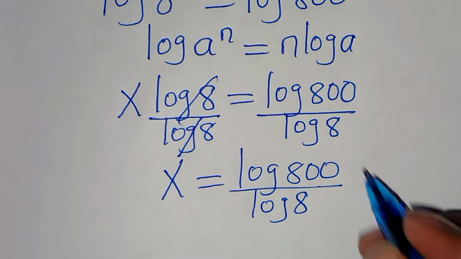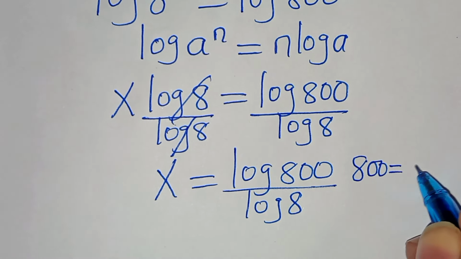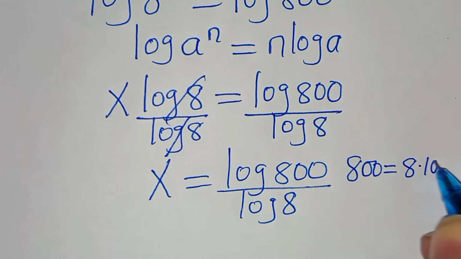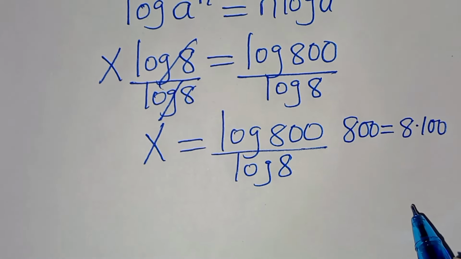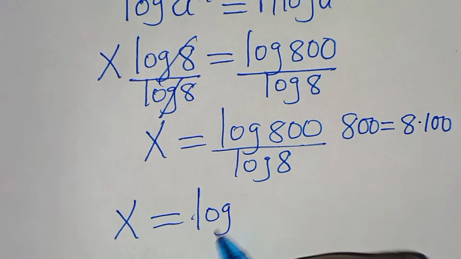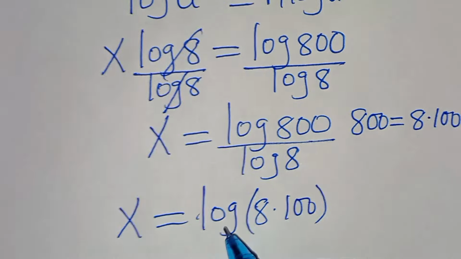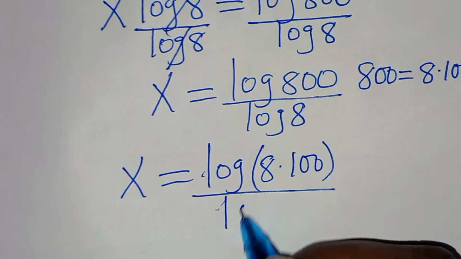The next step from here, we can express 800 as 8 multiplied by 100. So now we have x equal to log of 8 times 100 divided by log 8.